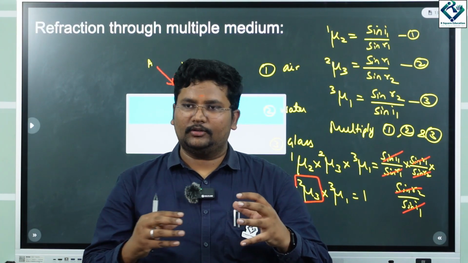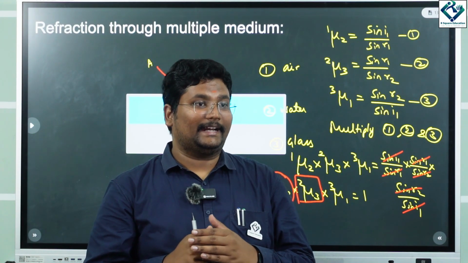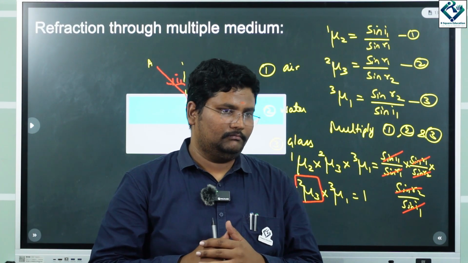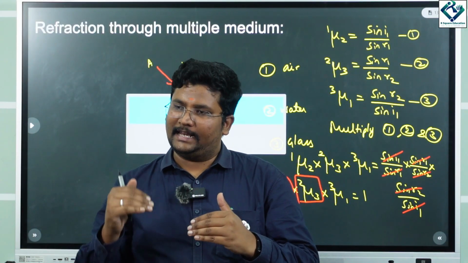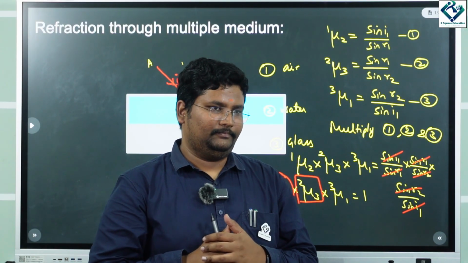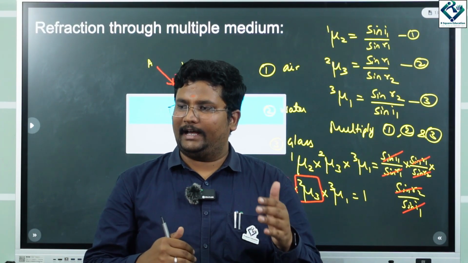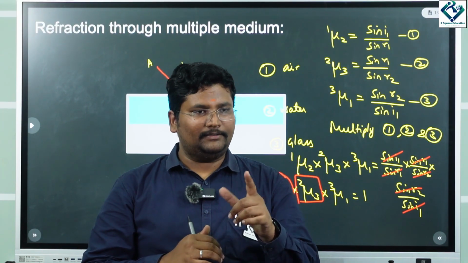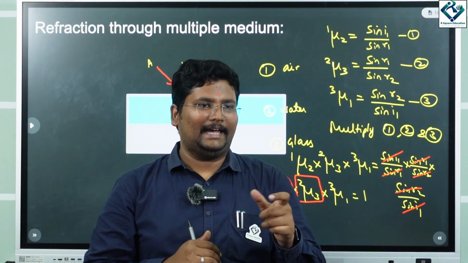So these are all going to be the standard values with which we have considered the reference as a vacuum. When the light travels from vacuum to glass, the refractive index of glass with respect to vacuum or air is equal to 1.5. Okay, the refractive index of water with respect to air is 1.33. So whatever we have taken, we have considered the reference as standard values like air or vacuum.